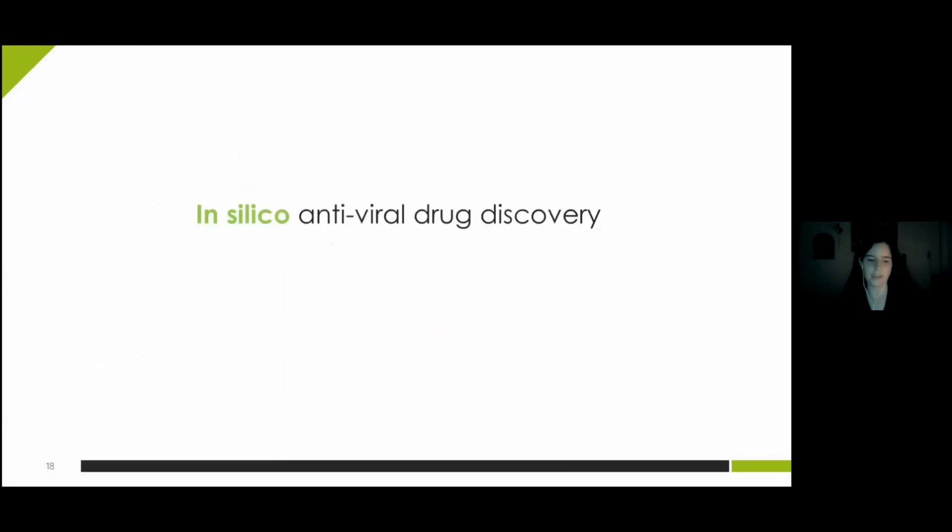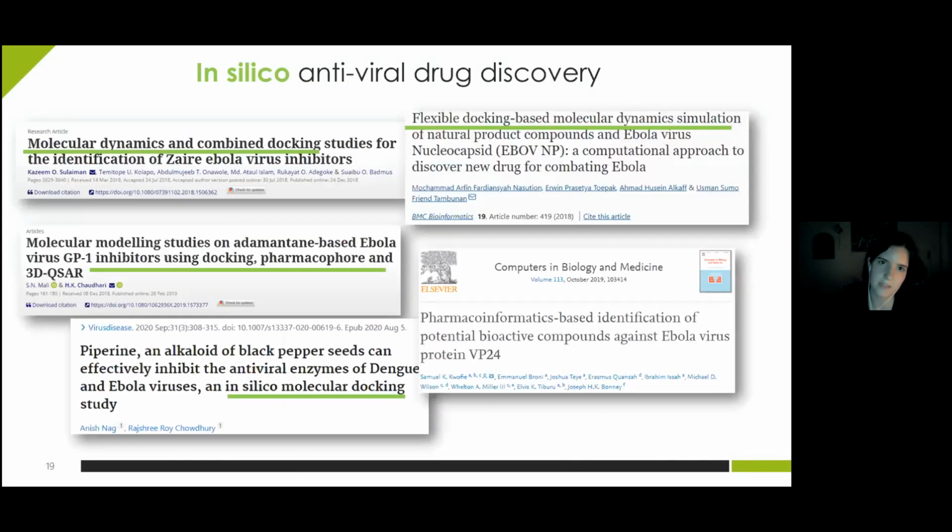So in the race of developing antiviral drugs against various viruses, as well as against Ebola, we have noticed a spike in the studies that are being published, especially after 2015, which are aimed towards an in silico or computer-aided approach.